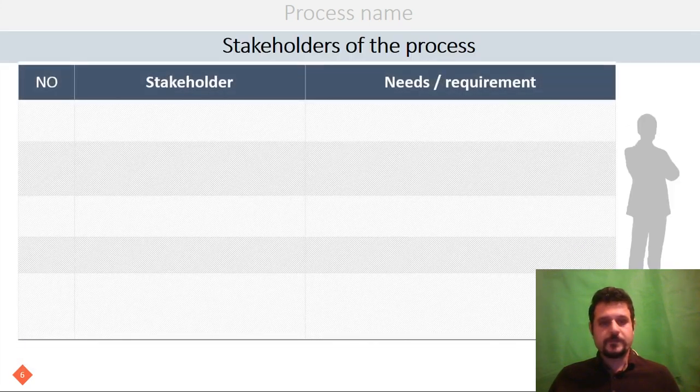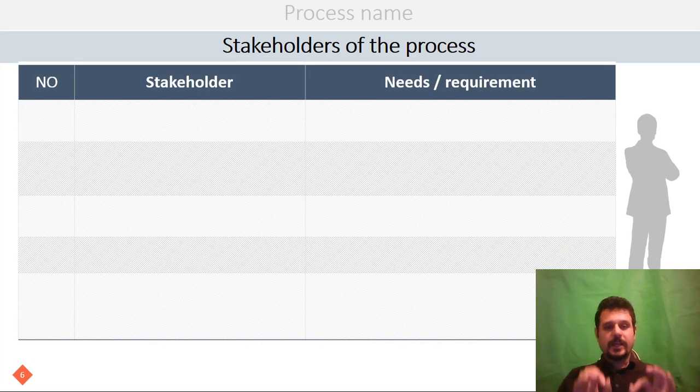The next is about the stakeholders of processes. Now we want to analyze the stakeholders of these processes: internal stakeholders and external stakeholders. For example, we are talking again about the purchasing process. In the purchasing process, I'm a purchase expert. I need specific, exact and complete information about the goods that I should buy.